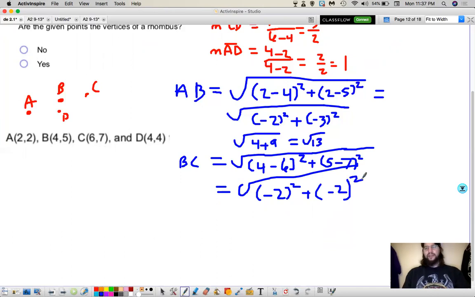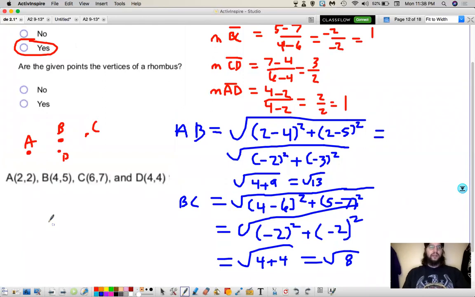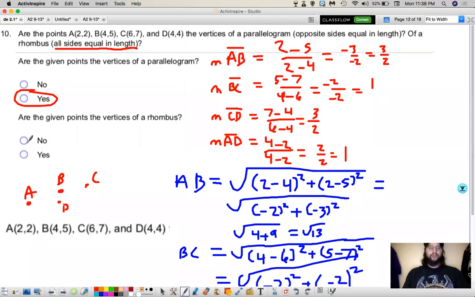This is obviously not the same. A rhombus has 4 congruent sides, and this is 4 plus 4, which is 8. Square root of 8 is not the same as square root of 13, so I'm done. It is not a rhombus. Maybe I screwed up somewhere. No, that's 3, that's 2, yeah, that's 2, that's 2. So yeah, not a rhombus. And there's our answer.